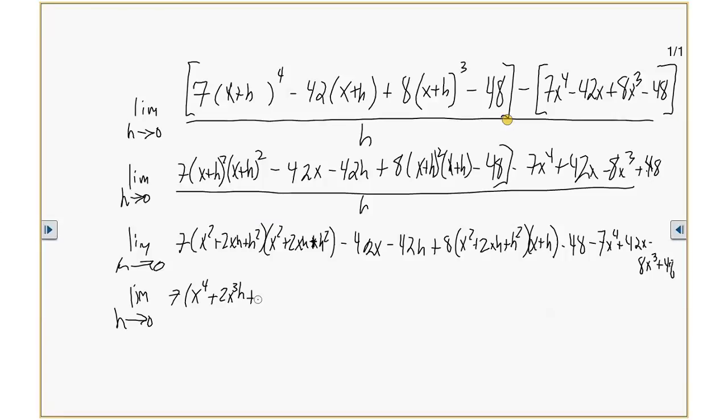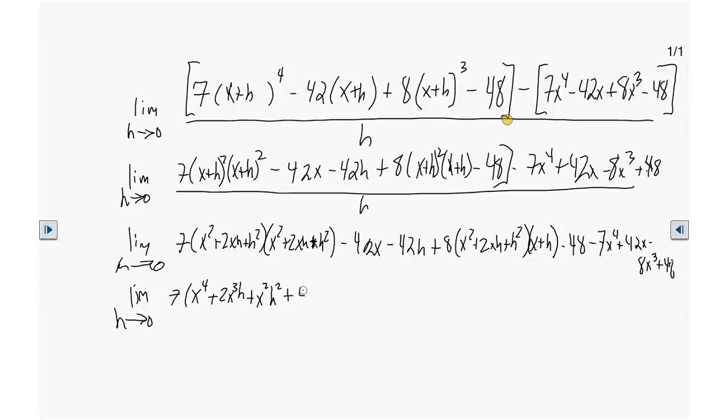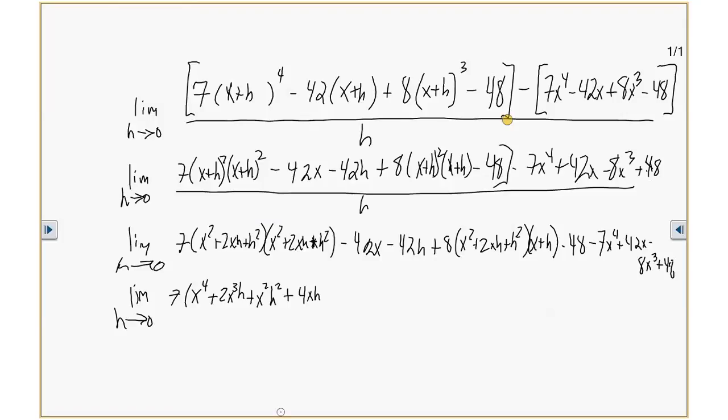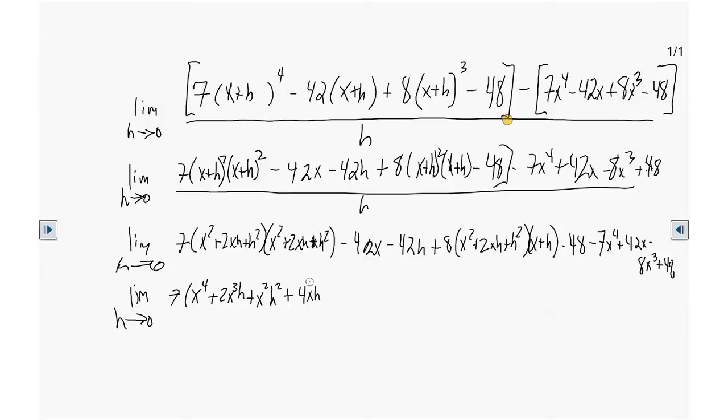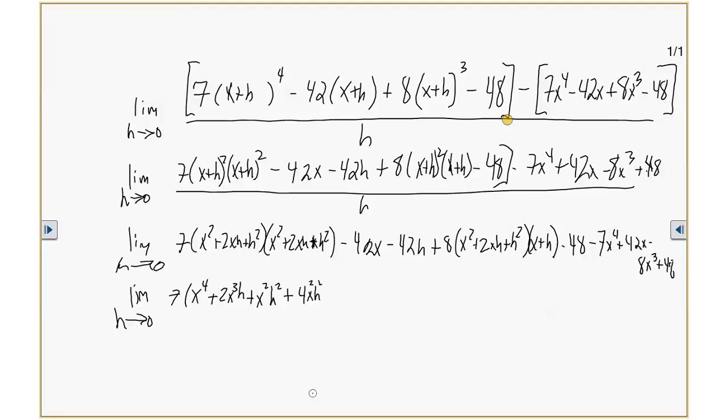Plus x squared h squared plus 4xh, x squared h squared, sorry. I skipped a step. Why do you break it down to x plus h squared? You got to multiply all these terms. You got to get every term in a separate place so it can cancel out.